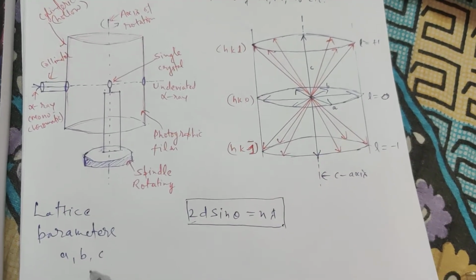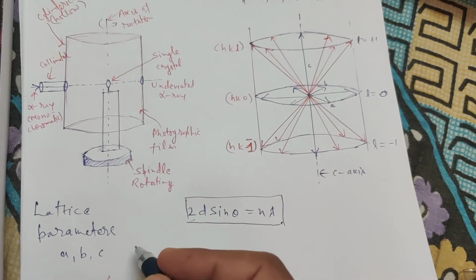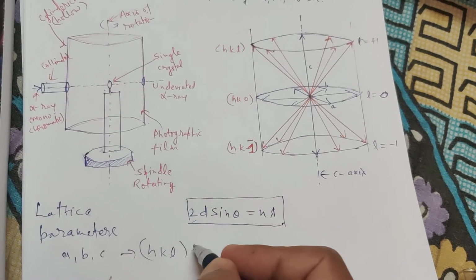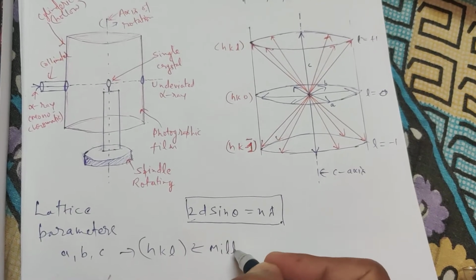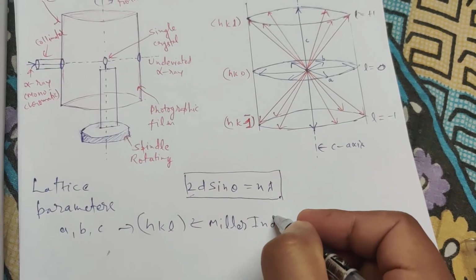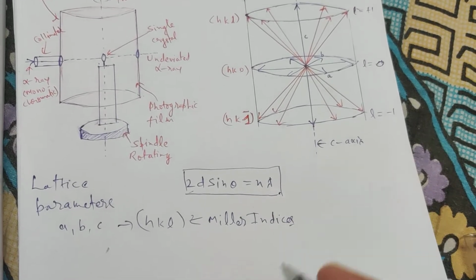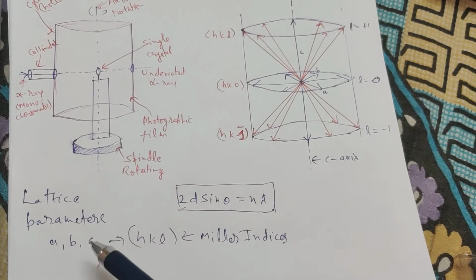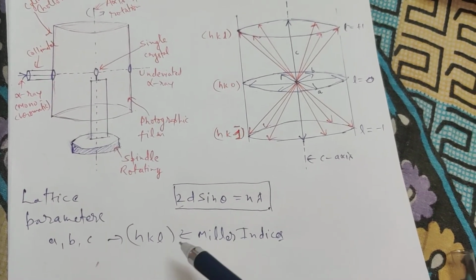Since we know that these axes A, B, C have particular Miller indices H, K, L. I am assuming that you are familiar with Miller indices and know how to calculate them. Therefore each crystallographic axis will have Miller indices.